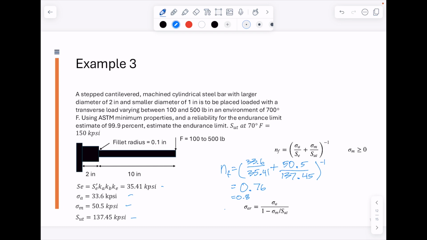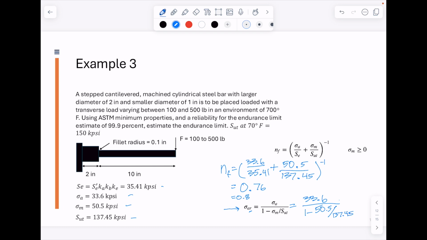So since it is less than 1, the problem asks us to estimate how many cycles we can rate this for. Now, to do that, we need to get an equivalent fully reversed stress, which is this sigma AR, so the alternating stress, and we're indicating with the R that it is reversed. So here we can have our sigma A, which was 33.6 kpsi, all over 1 minus our mean stress, which was 50.5 kpsi, all over our ultimate strength, which was 137.45.